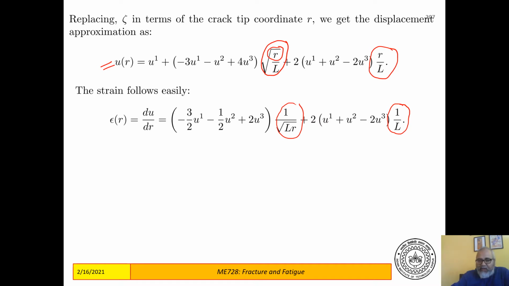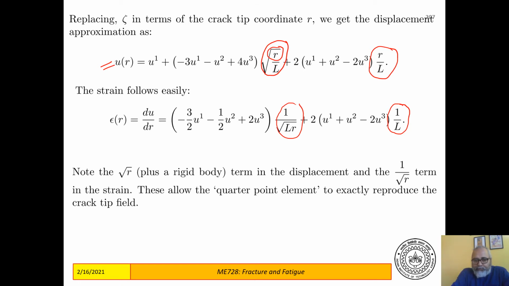So for chi equal to 1/4, this is the strain and displacement that we get, which contain the terms that are also present in the crack tip fields that we have learned from Williams solution. So the displacement also has this term, and the strain has this additional term.